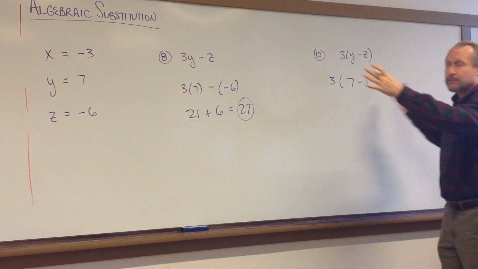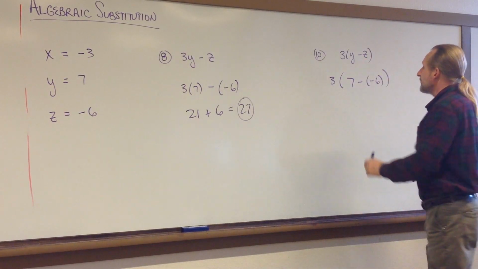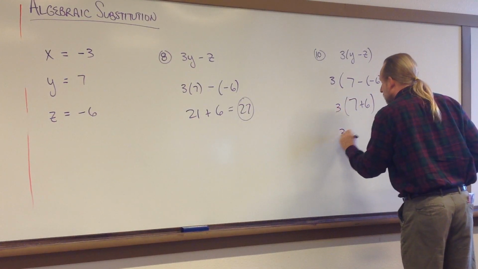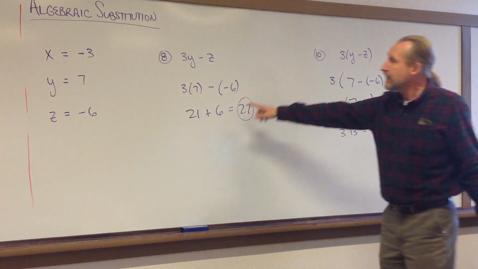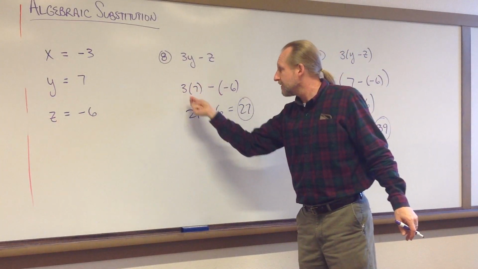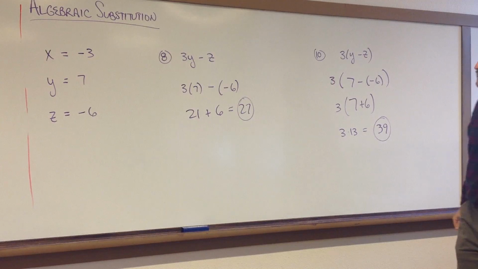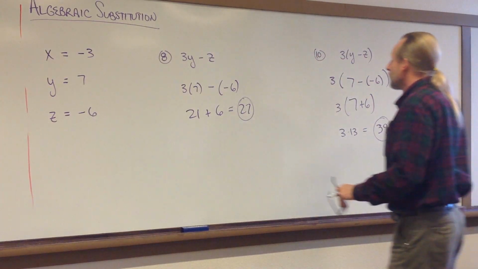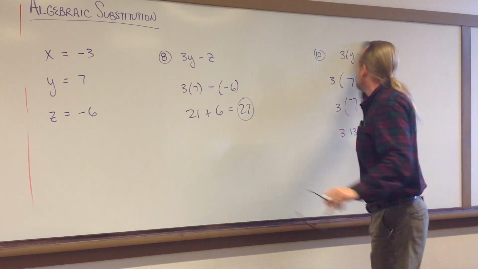Now, the difference between these is that the order of operations says work in the parentheses first. So that'll be 7 plus 6, and that'll be 3 times 13, which makes 39. Whereas over here, we did the 3 times 7 first, and then added the 6 to it. And you'll see these problems in this section do that frequently. You'll see things that look similar, but actually give you different answers.